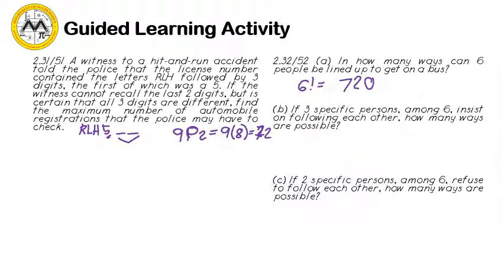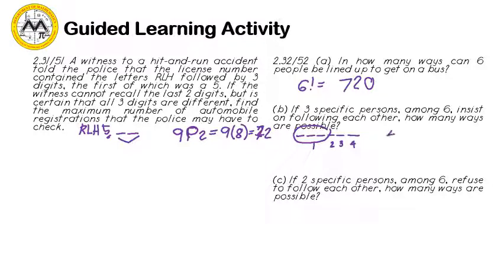If three specific persons among 6 insist on following each other, how many ways are possible? So for this one, we have 1, 2, 3, 4, 5, 6, but 3 insist on following each other. So we're going to consider them as one group, second group, third, and fourth.